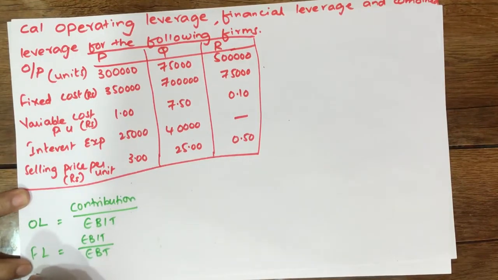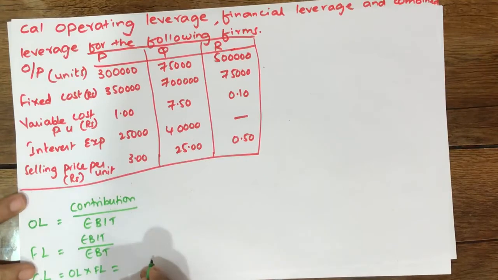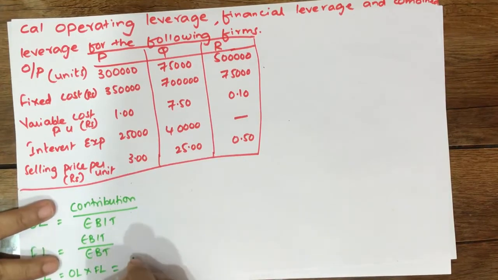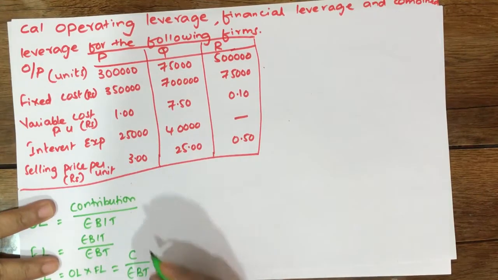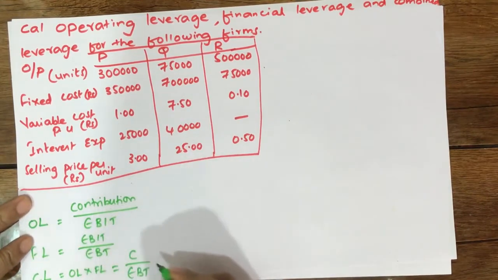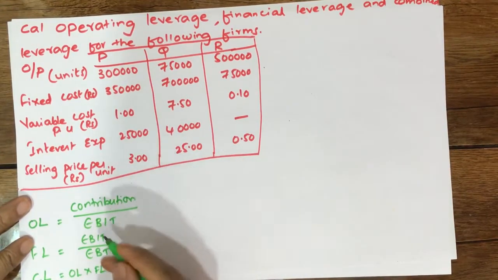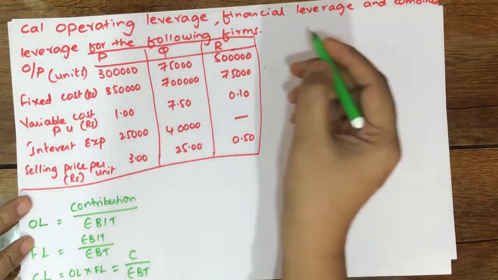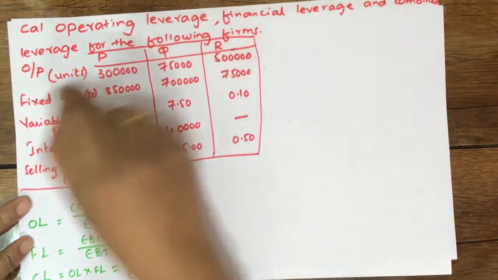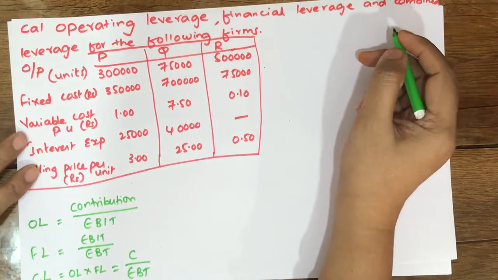And combined leverage, as I said, is the product of operating leverage and financial leverage, which is equal to contribution by EBT. So to find these, we first have to find out the contribution, EBIT and EBT of all three firms P, Q and R.